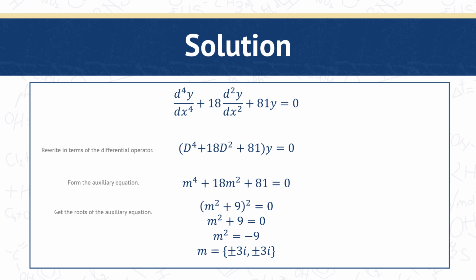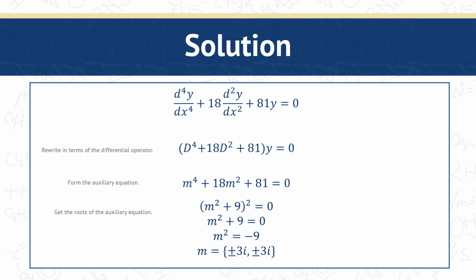We then form the auxiliary equation, m raised to 4 plus 18m squared plus 81 equals 0.